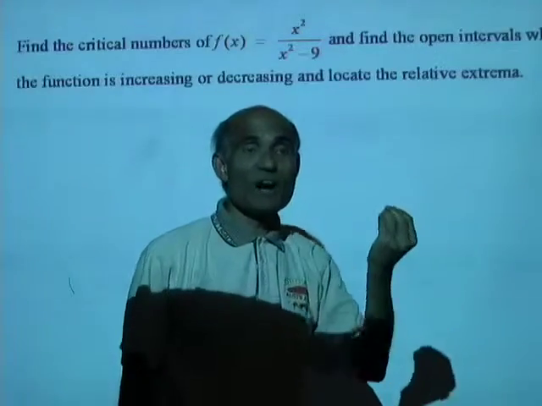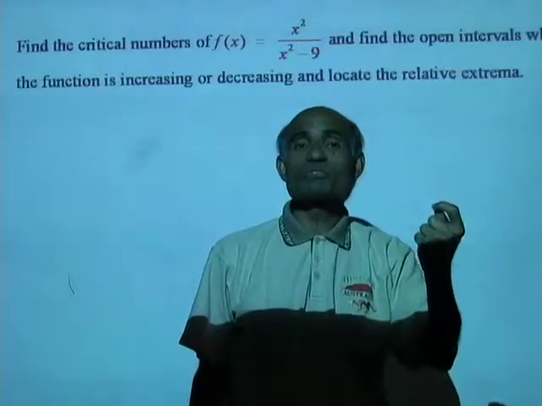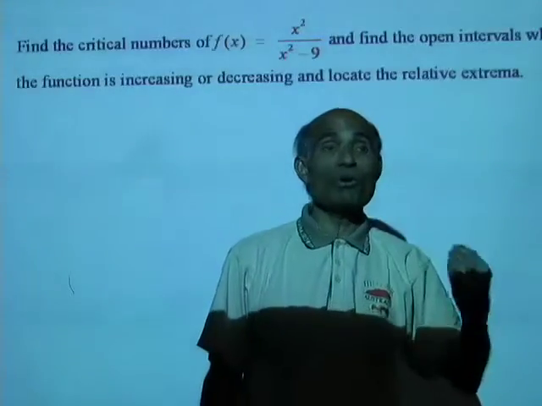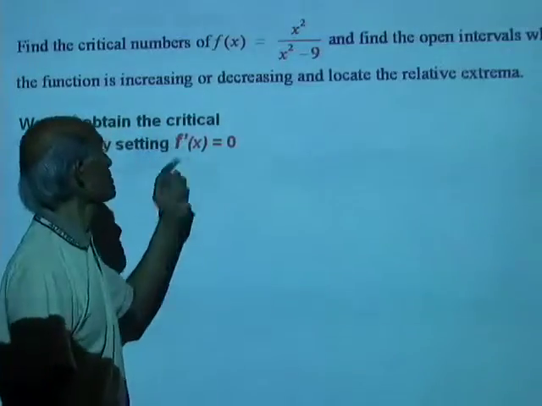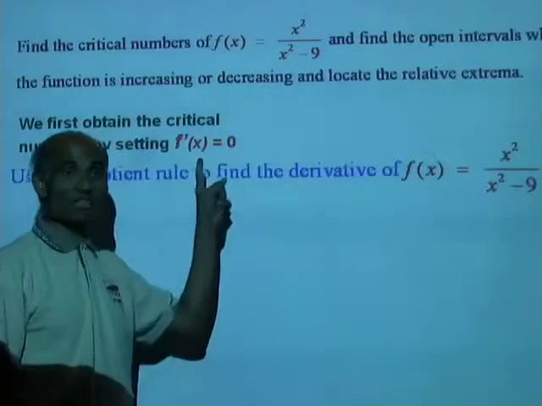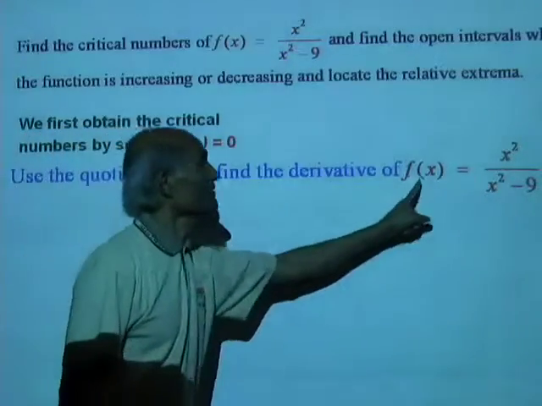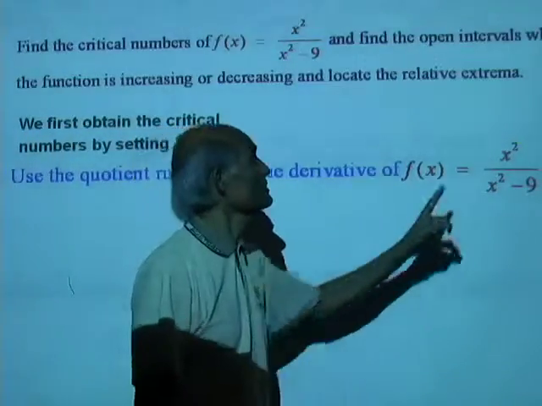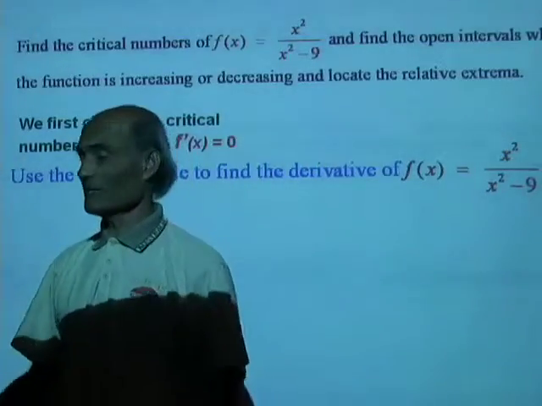Critical numbers are the values of x where the derivative is either 0 or undefined. So let's first obtain the critical numbers by setting the derivative equal to 0. The function is f of x equal to x squared over x squared minus 9.